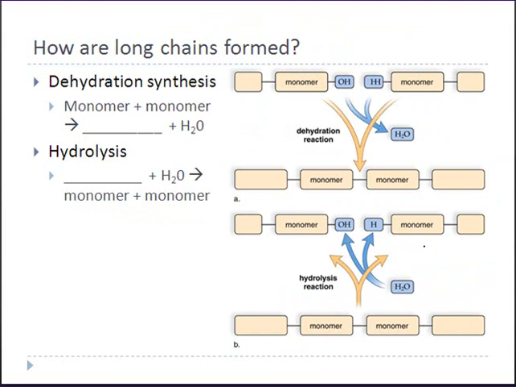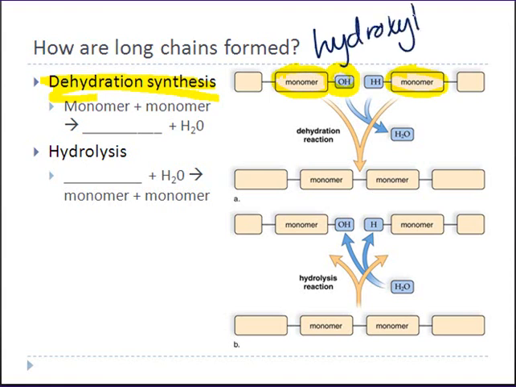Now, these long chains are formed through a process called dehydration synthesis. You need to know this. Anytime I have 2 individual organic molecule units, or what we call monomers, one of the monomers will end in a hydroxyl group, which is a fancy way of saying it ends in an oxygen bonded to a hydrogen.